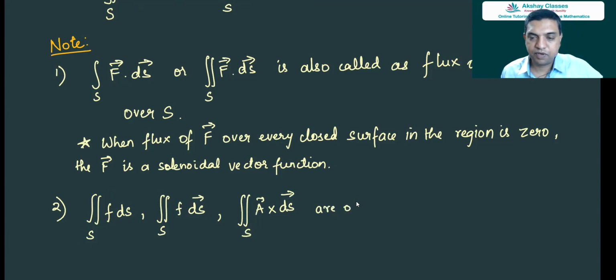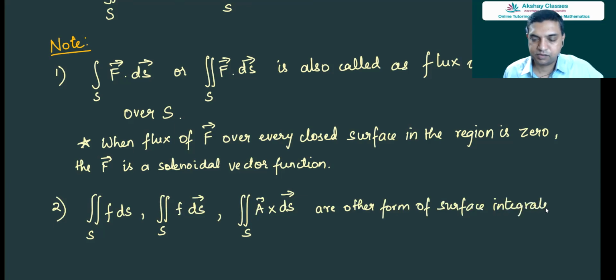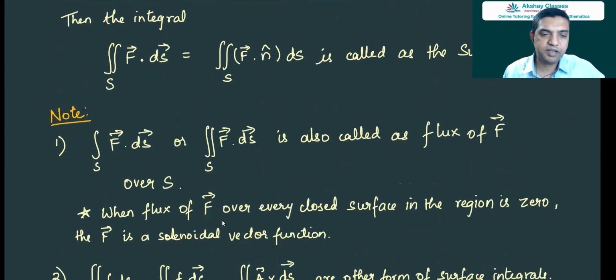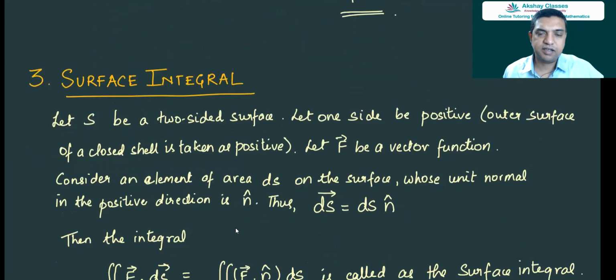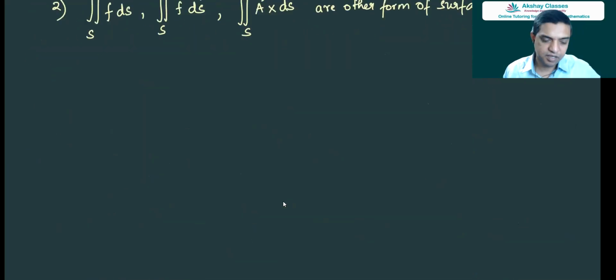So these are other forms of surface integral. Next is volume integral. So this is the surface integral. It's simple. F dot ds we can write as F dot n times ds over the entire surface. The question is how to evaluate. We will complete volume integrals also and then see how to evaluate.